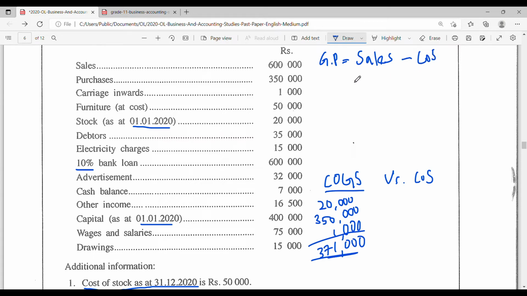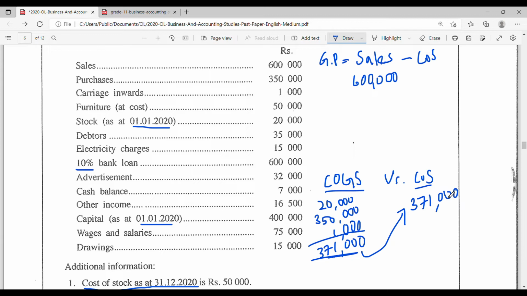So here you know the sales amount, 600,000, but you don't know the cost of sales value. By deducting the closing stock value from the cost of goods sold, you can find the cost of sales. So you will take the cost of goods sold, which is 371,000.